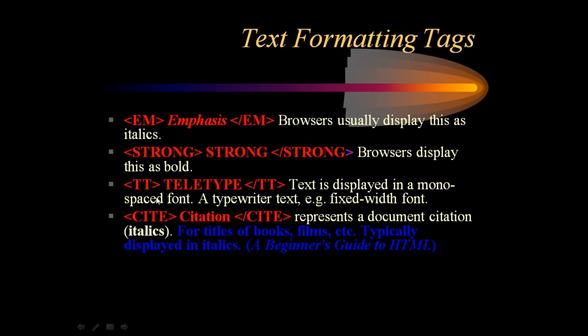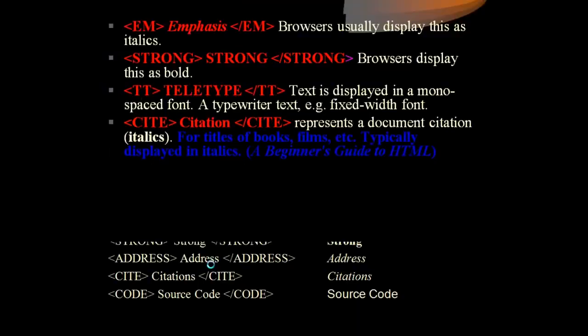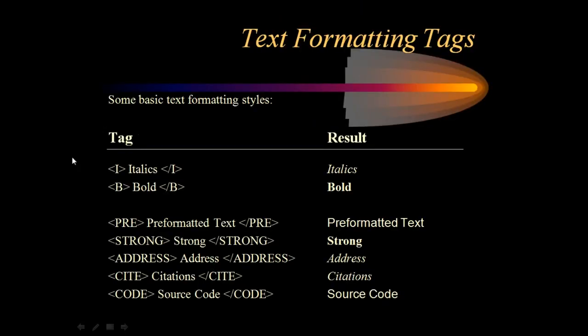TT stands for teletype. It is displayed in a monospaced font, like typewriter text, a fixed width font. If you want a fixed width font, then use this tag. Citation is used to represent a documentation citation, like a book name. If you want to write this way, just use the cite tag. Here are the examples of these text formatting tags.